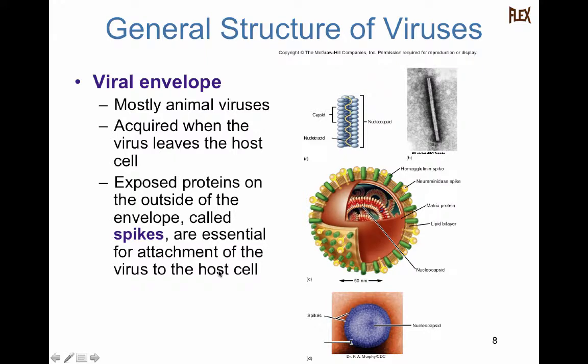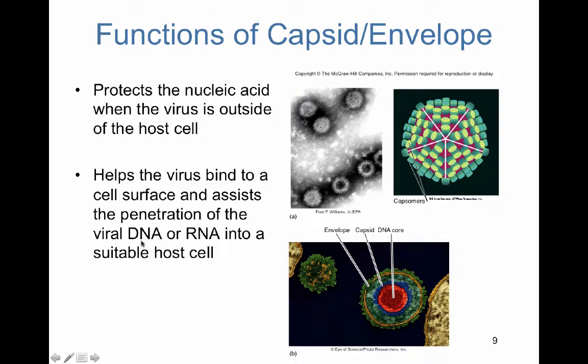And this is very important because, for example, there are some people who are immune to specific viral infections because they lack the receptors that allow for that unique interaction between the viral spike and the receptor. So if you don't express a particular receptor that's recognized by a viral spike, you may be potentially immune to a specific virus. So this actually triggers the initial step of viral replication.